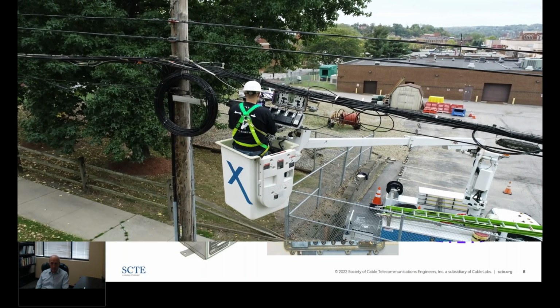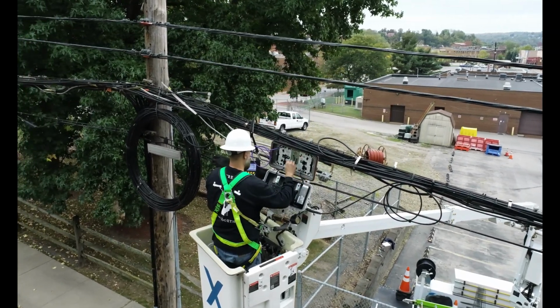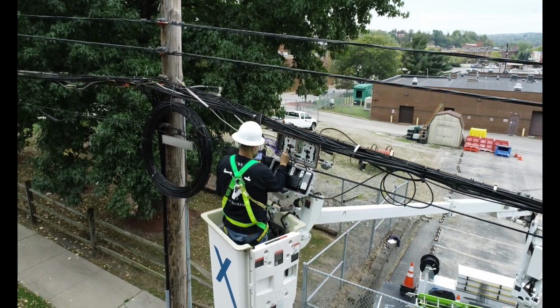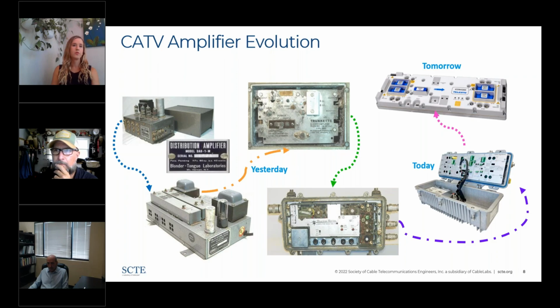These advancements in semiconductors have allowed us, the vendors and the operators, to support more reliable services, and have created a next generation of amplifiers called smart amplifiers, which use everything electronic and have auto alignment control.